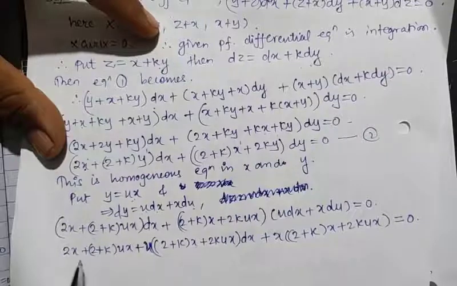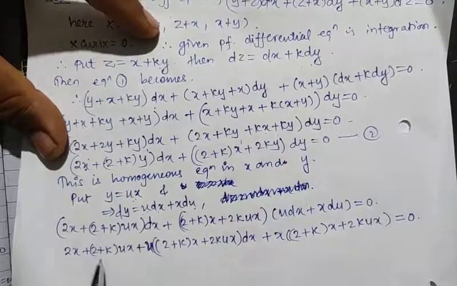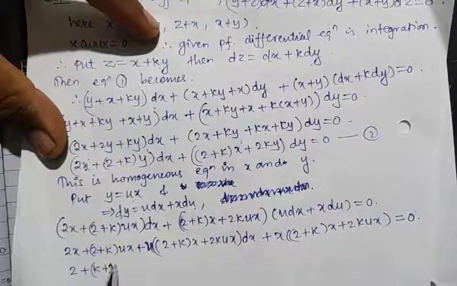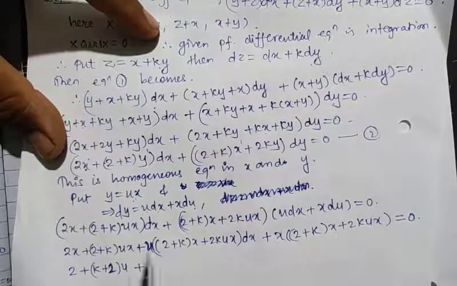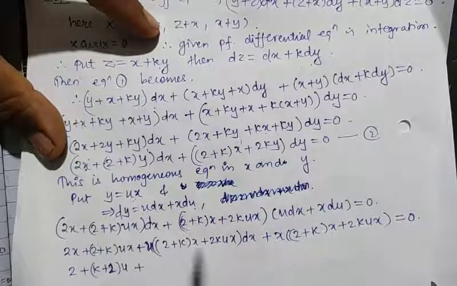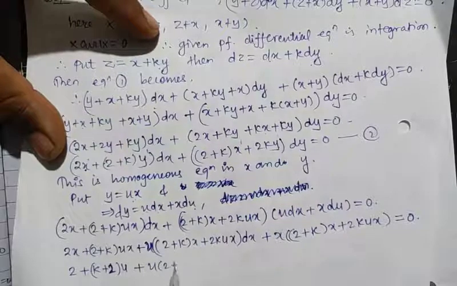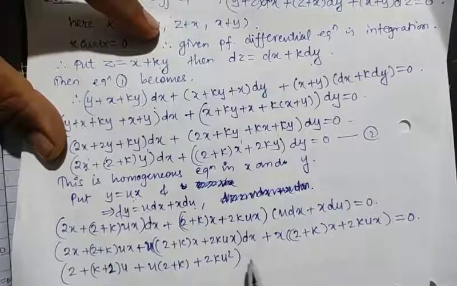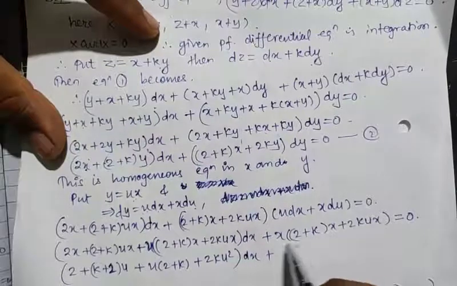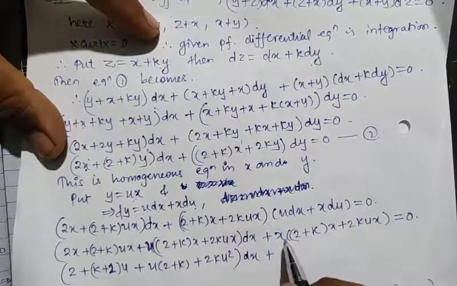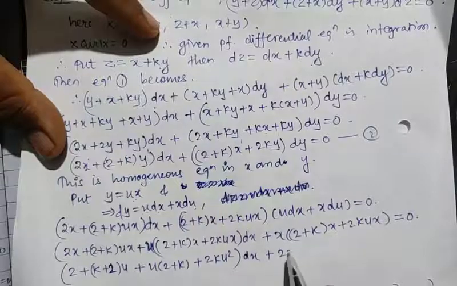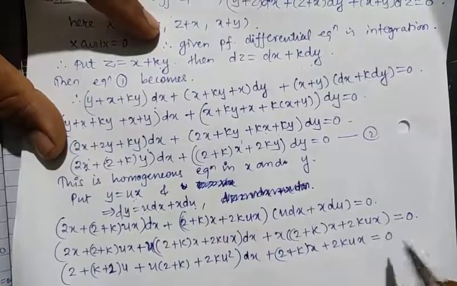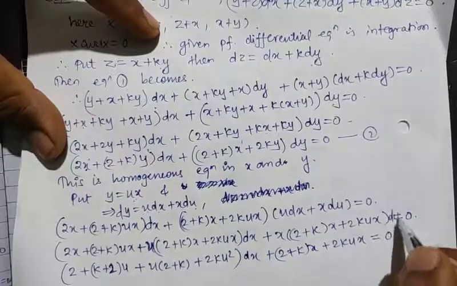So here taking x as common throughout, we get (2 plus k plus 2) into u, plus, after taking x as common, u into (2 plus k) plus 2k u squared, into dx plus, after cancelling this x, we get x as it is, so (2 plus k) into x plus 2k ux, into du equal to 0.